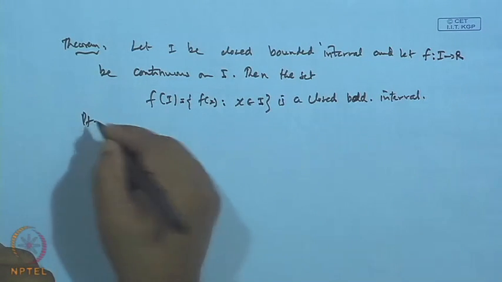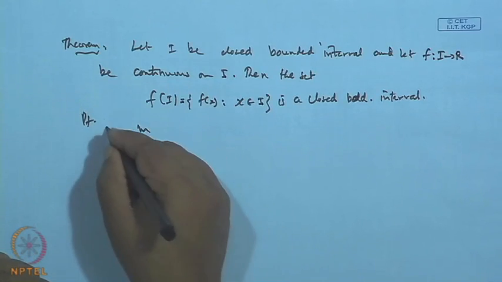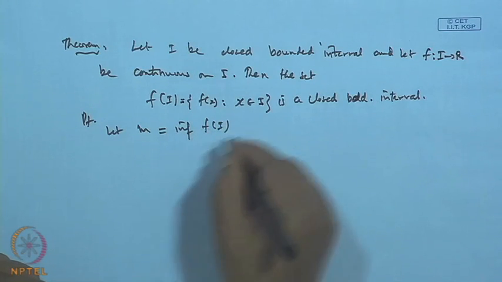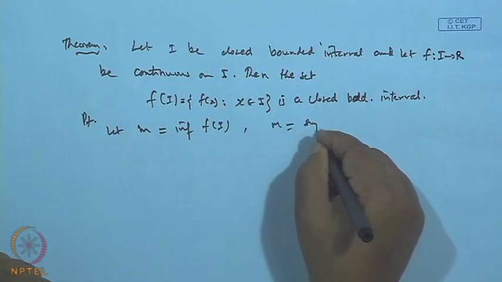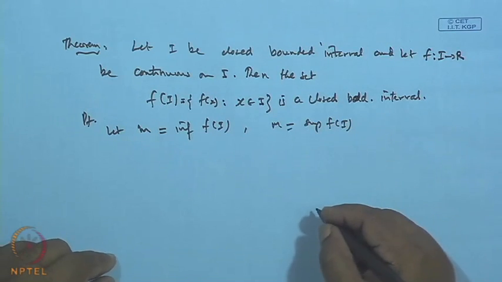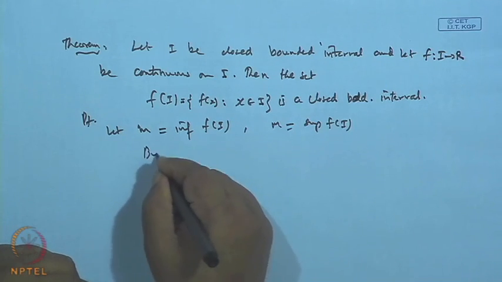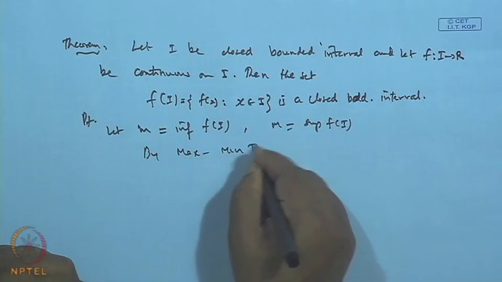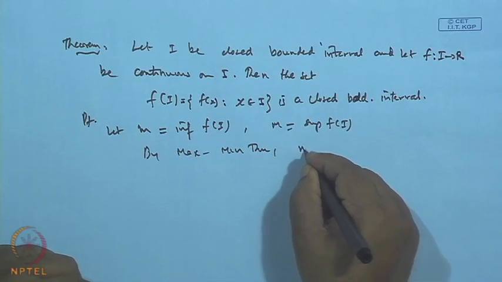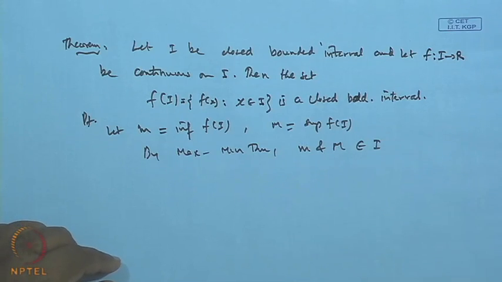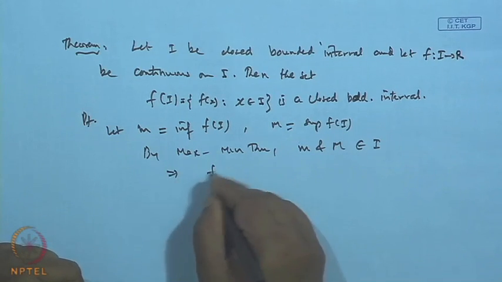The proof is just like this. Suppose m is the infimum value of f of I and capital M is the supremum value of f of I. Then from the maximum minimum theorem, m and M belong to f of I, because they exist and there will be a point in I where they are attained.